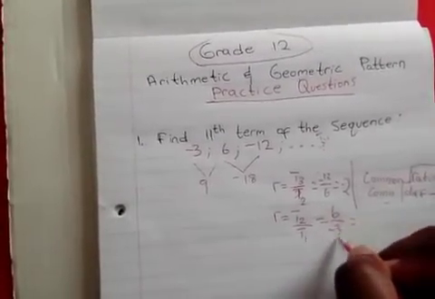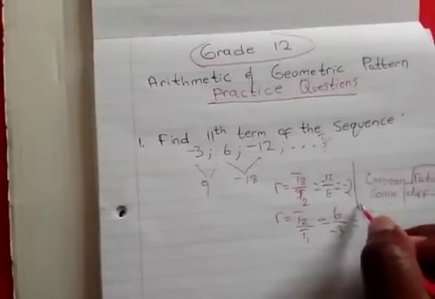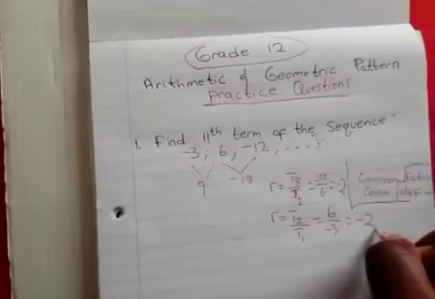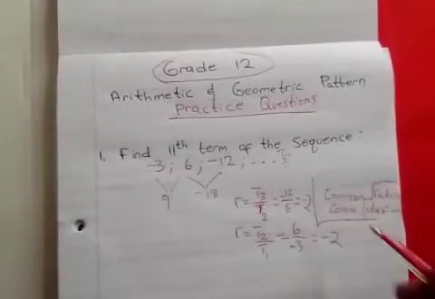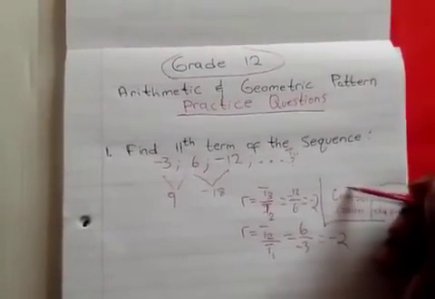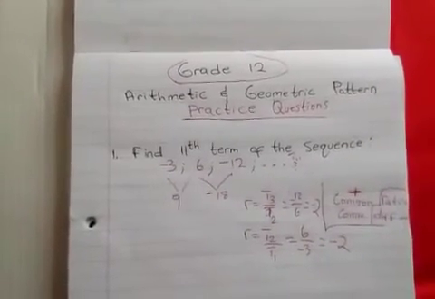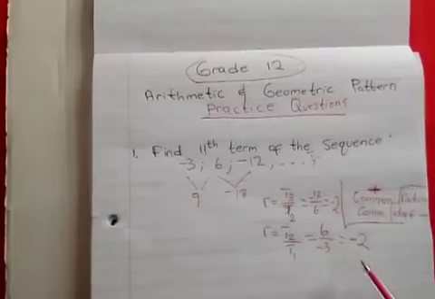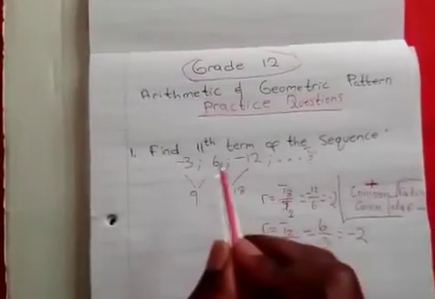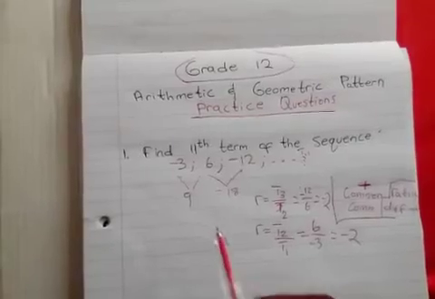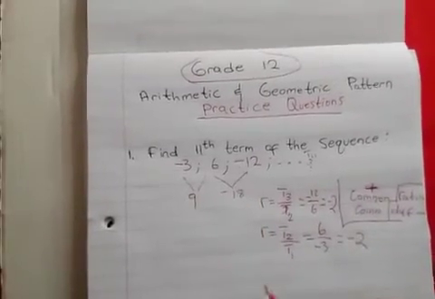So 6 divided by -3 is going to be a -2. So now we have a common ratio. It's very important. Now that we have a common ratio, we can fully say this pattern is a geometric sequence because we have a common ratio there.